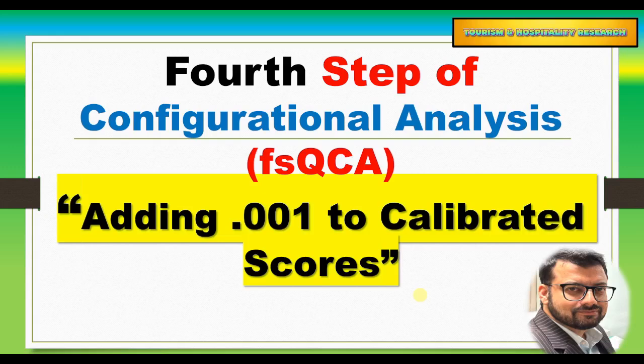Scores which lie at the 0.5 level are neither taken to be on the positive side nor the negative side of the membership. FSQCA software excludes such cases which lie exactly at 0.5 membership score during the truth table construction, because these cases are ambiguous and don't clearly belong to either the set or its complement.